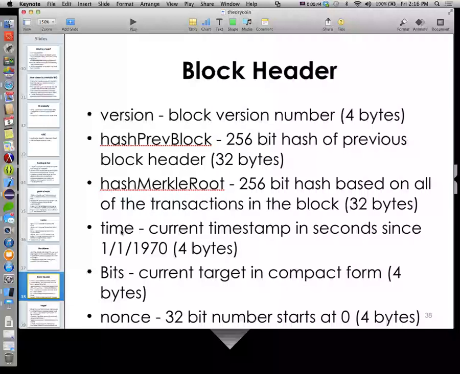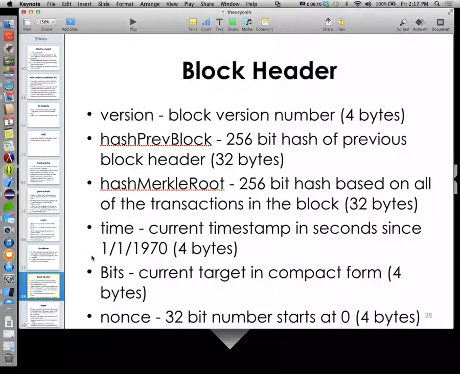The current timestamp in seconds since 1970, so this could have been used as a nonce, but whatever. Bits, the current target in compact form. We'll talk about the target in the next slide, but the target is kind of the answer, so we know the answer beforehand. And then the nonce, a 32-bit number that starts at 0 and increments each time.